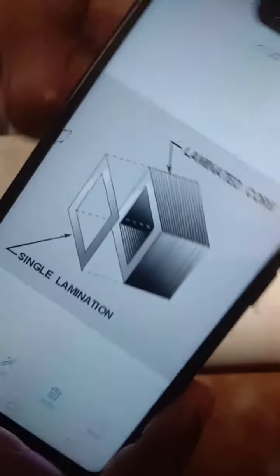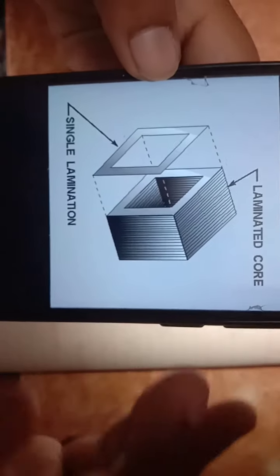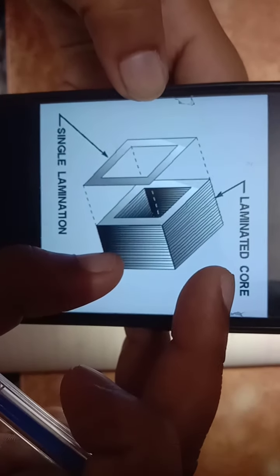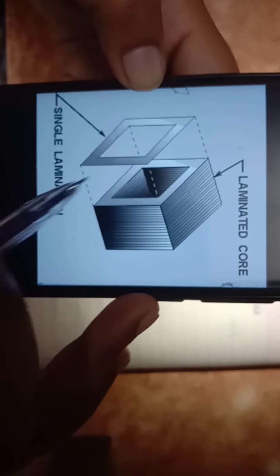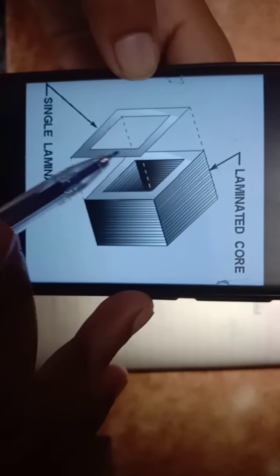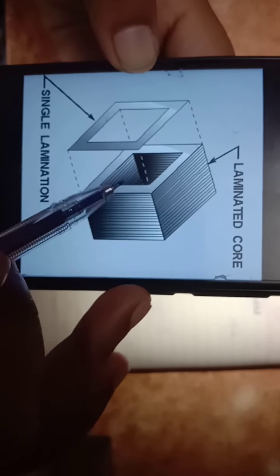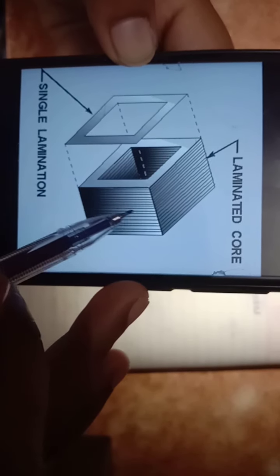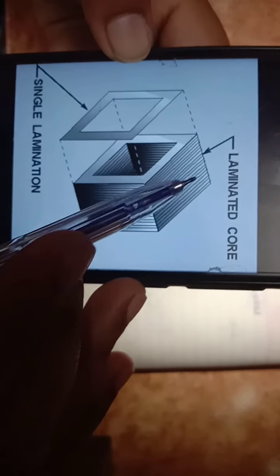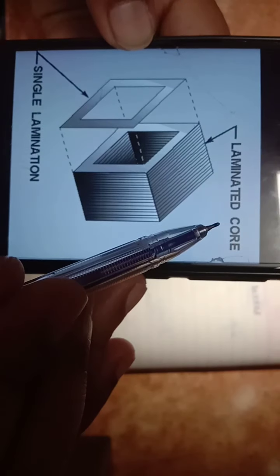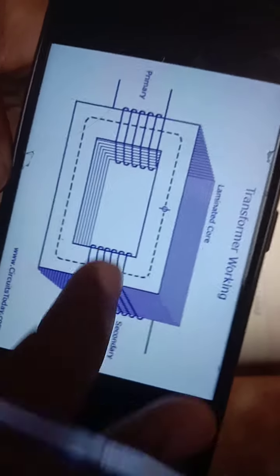See here, like this. In any transformer the cores will be like this: single planes attached to so many others. They are linked with each other and together they form one laminated core. Understood? That's what I am showing in this diagram.